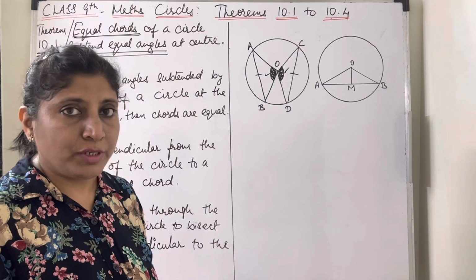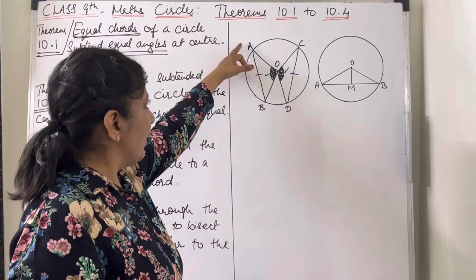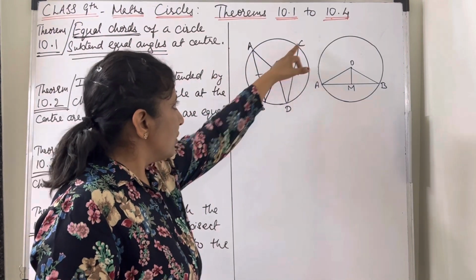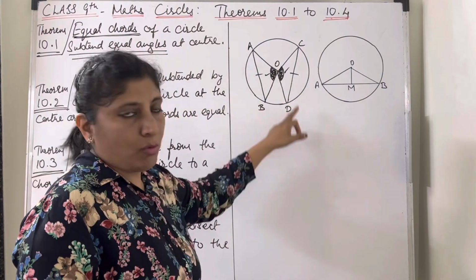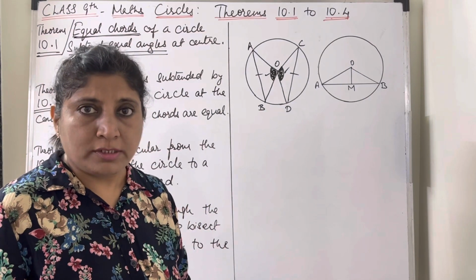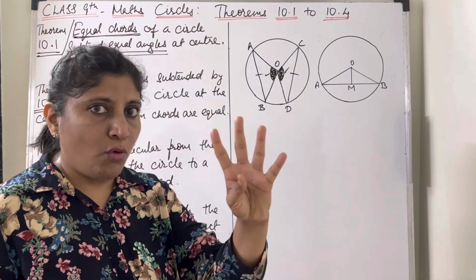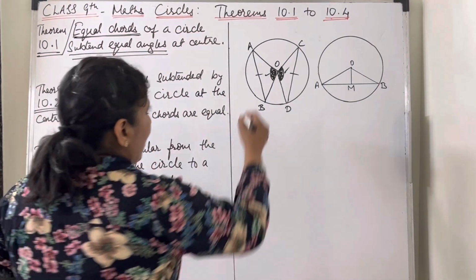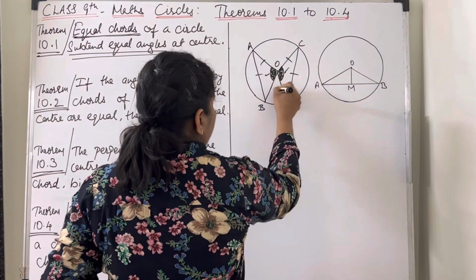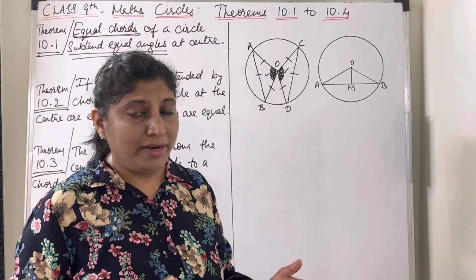So how to prove it? Let's do this. Now O is the center and we will connect A with O, C with O, B with O and D with O. So if we connect all these 4 points of the given two chords with the center, we get 4 radii of the same circle. So these radii being of the same circle are equal, right?